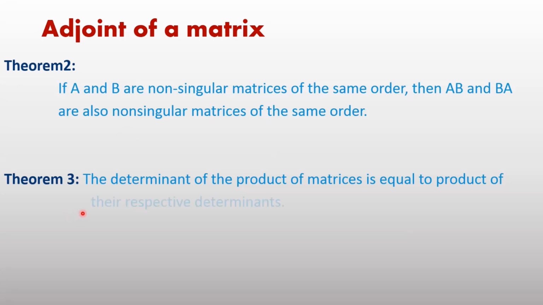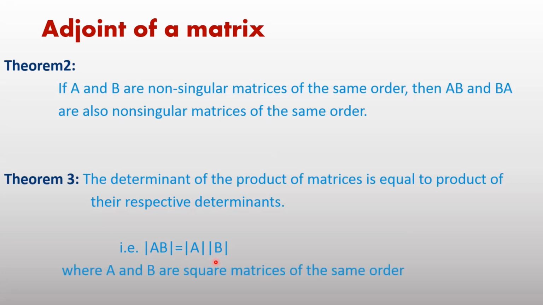And next, theorem 3: the determinant of a product of matrices equals the product of their respective determinants, meaning the determinant of AB equals the determinant of A into the determinant of B. Using a suitable example, you can verify it and check the result. But remember the condition: A and B should be square matrices of the same order.